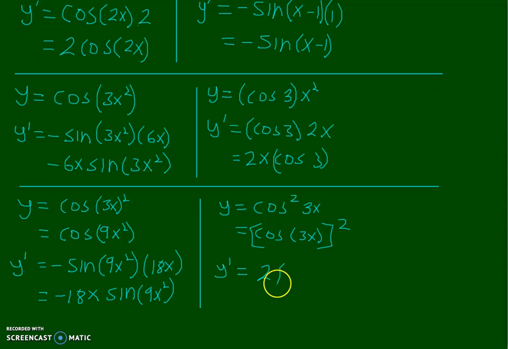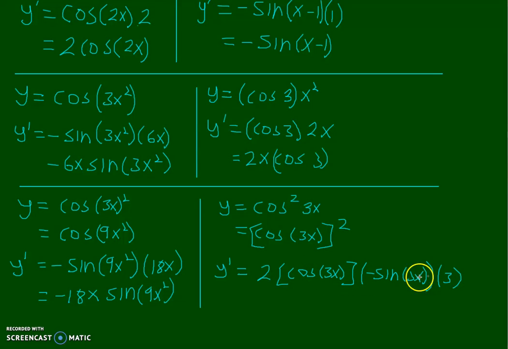So now given that piece, our derivative is 2 times cos 3x times the derivative of the inside piece, which is negative sine 3x times the derivative of the inside piece again, which is 3.